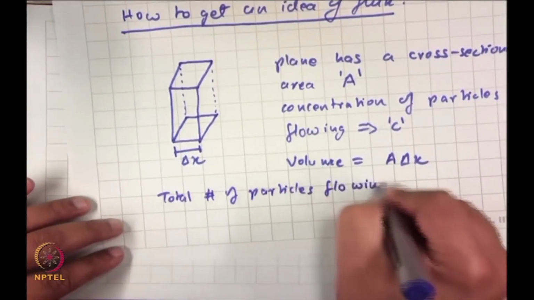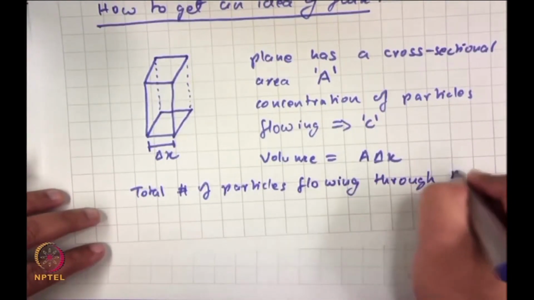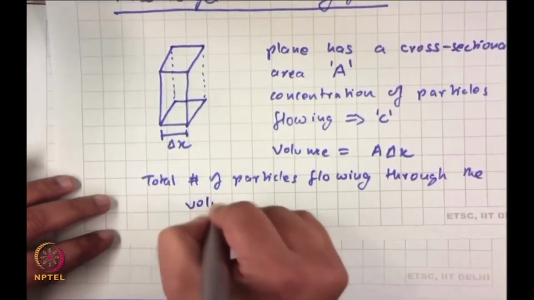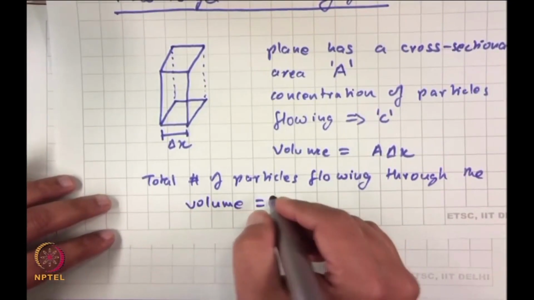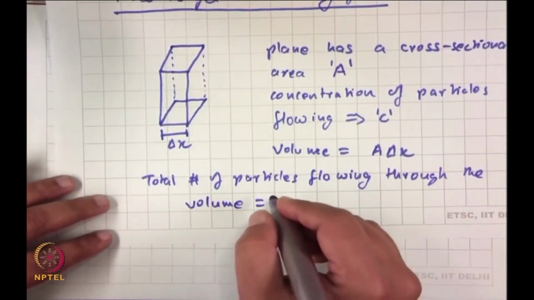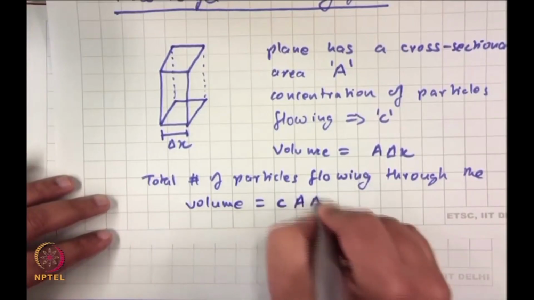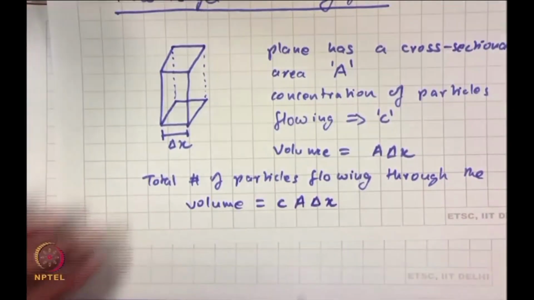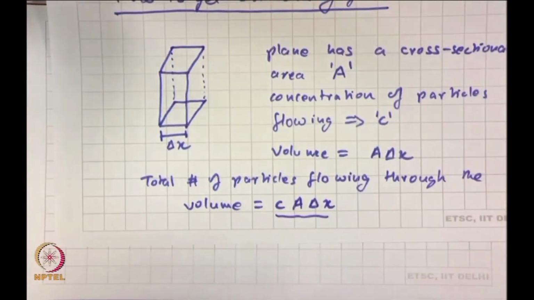We are talking about number of particles, which is C times the volume, which is A delta x. Right, clear?